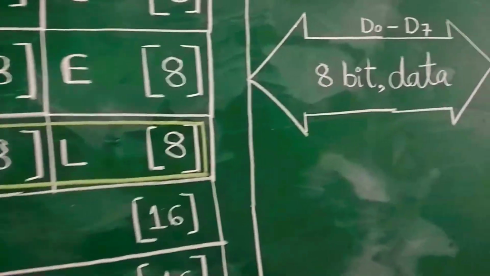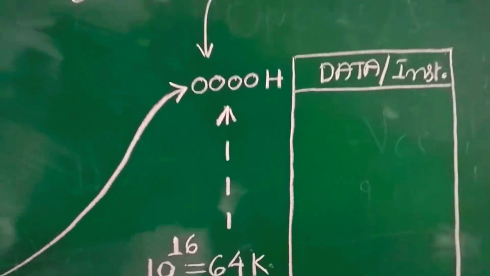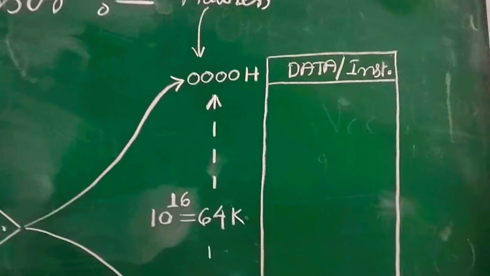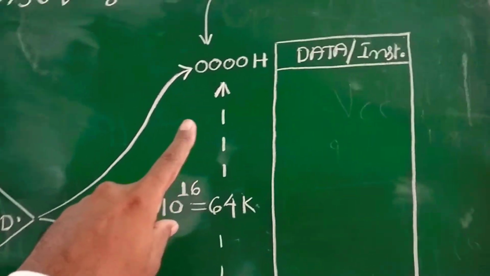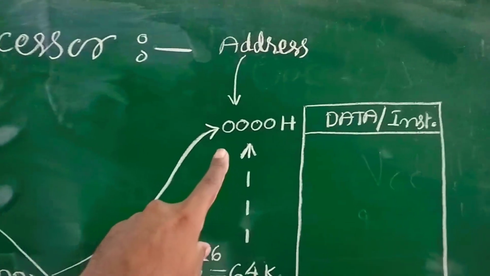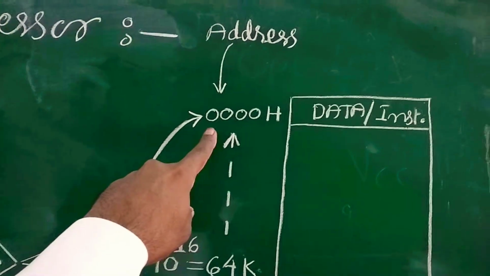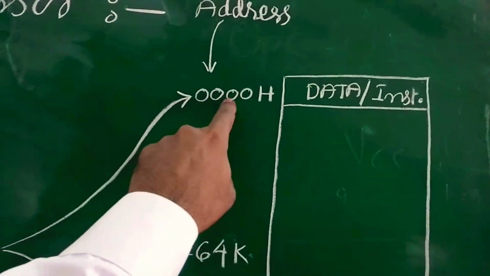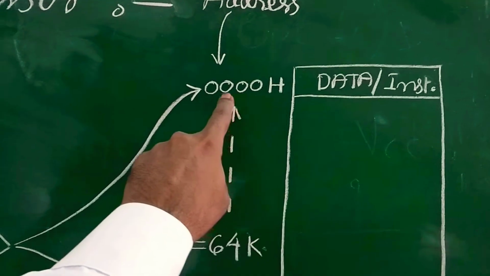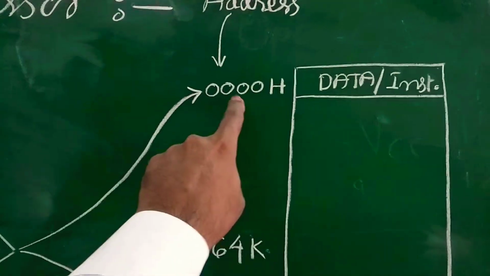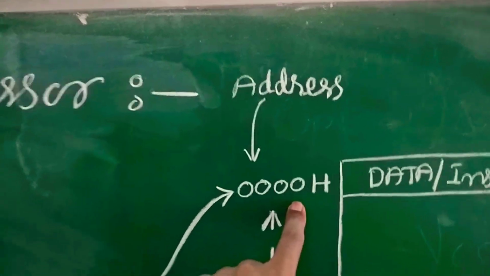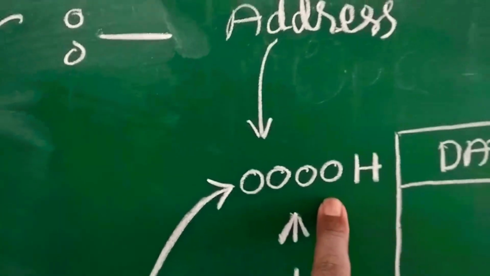Suppose, in the microprocessor memory, as we have already elaborated, the memory starts from 0000H in hexadecimal, meaning we have 16 address lines.